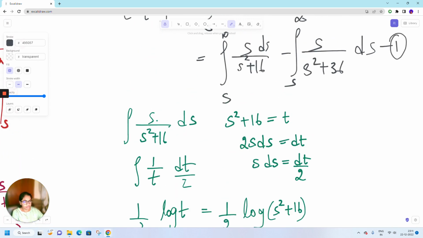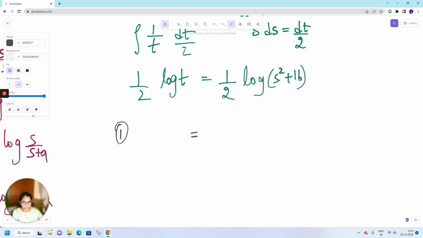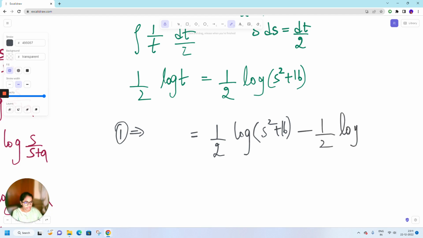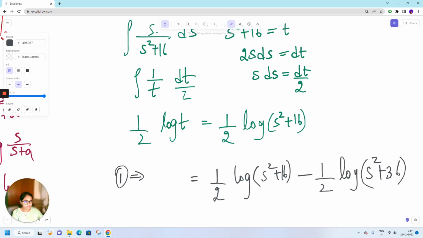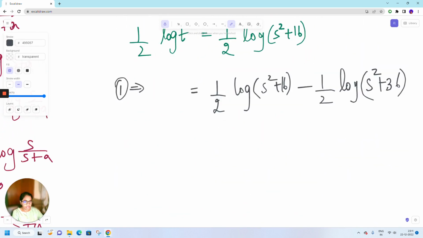Equation 1 would become half log of s square plus 16 minus half log of s square plus 36. Yes, we have 36 over here as you can see. Okay, now I'll take out half common. Half is common. Log a minus log b, I'll directly write it as log a by b.